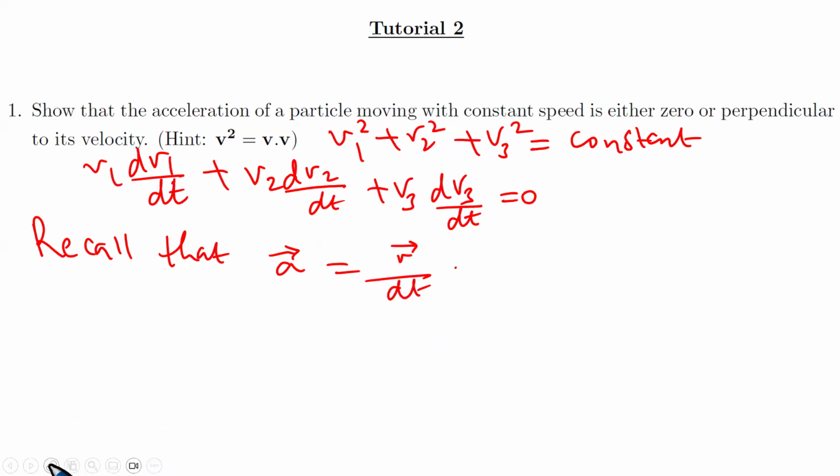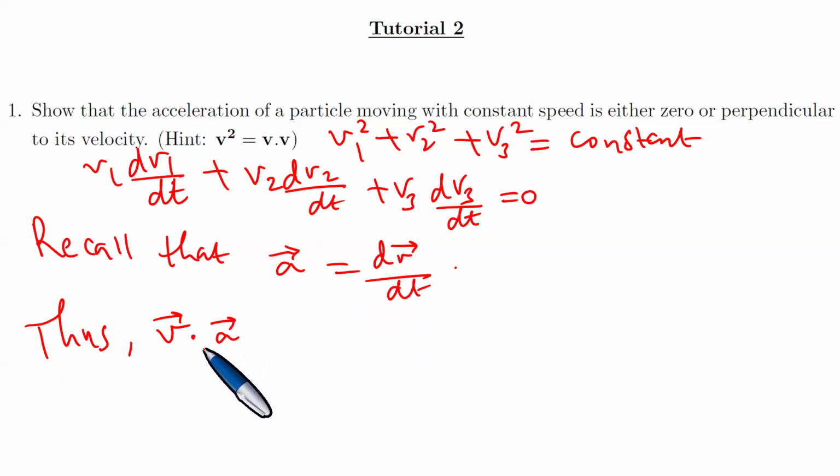Let's analyze these together. Acceleration is the derivative of the velocity with respect to time. Thus, velocity dot acceleration is equal to what?